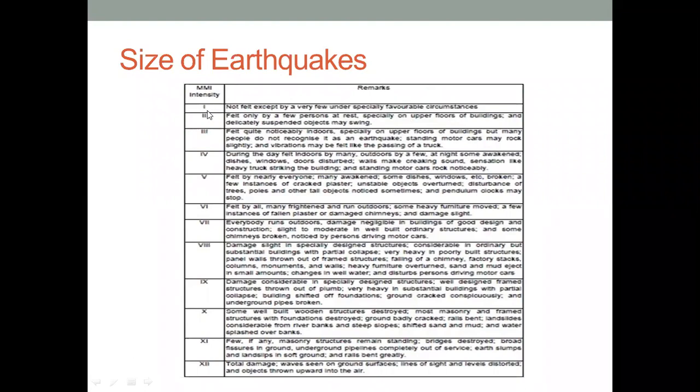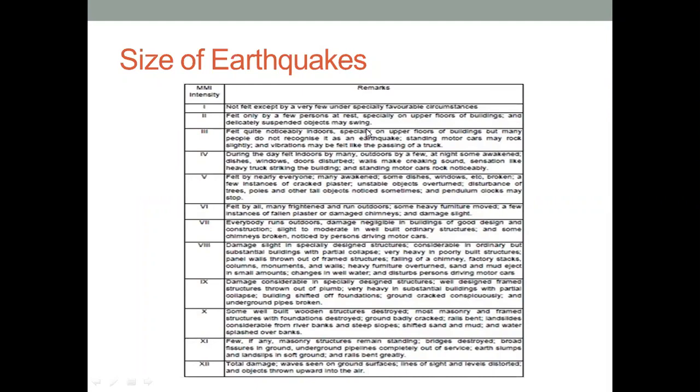MMI scale 1: not felt except by a very few under especially favorable circumstances. MMI scale 2: felt only by a few persons at rest, especially on upper floors of buildings, and delicately suspended objects may swing.